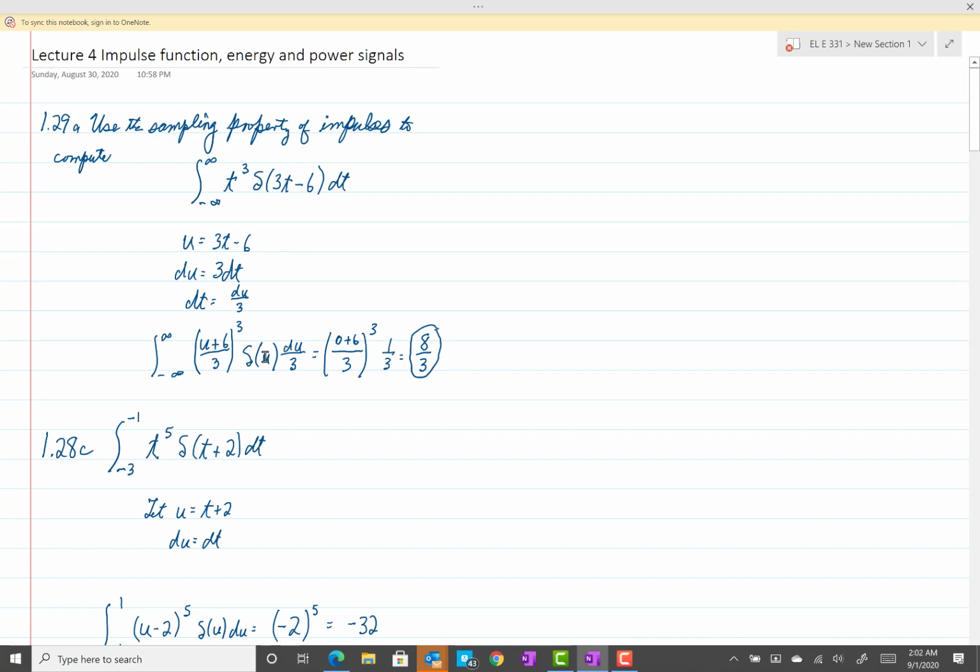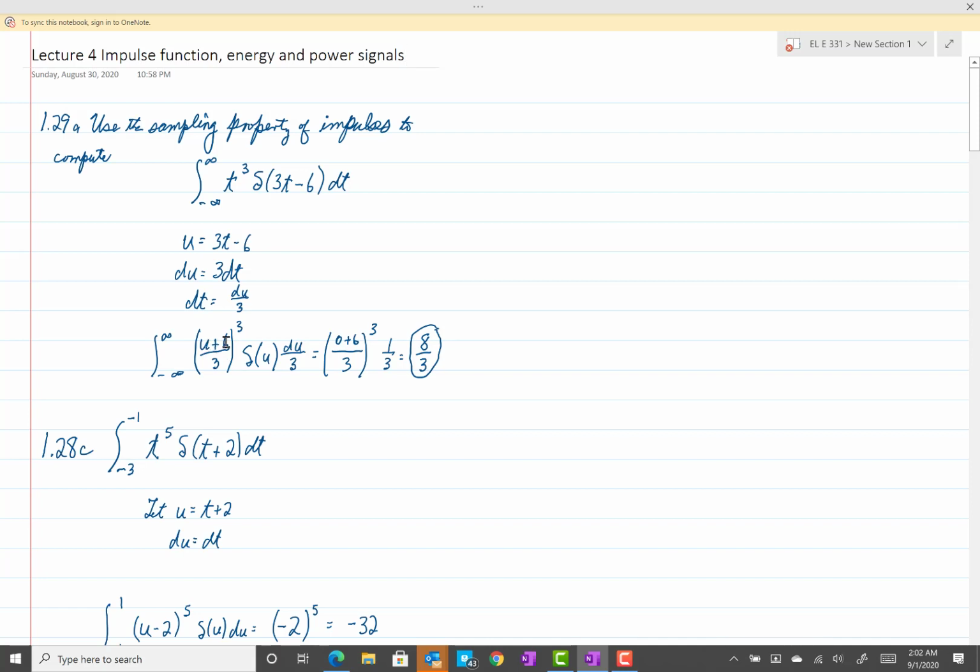We ask ourselves first if u equals 0 falls in the range of integration, and it does. And so then the integral is simply equal to everything in the integrand except for the delta function, and all that stuff should be evaluated at u equals 0.